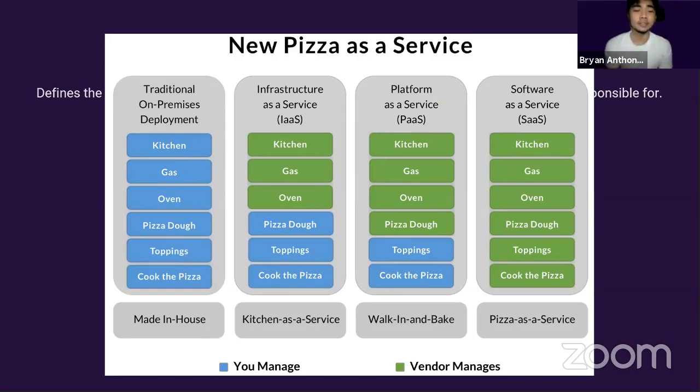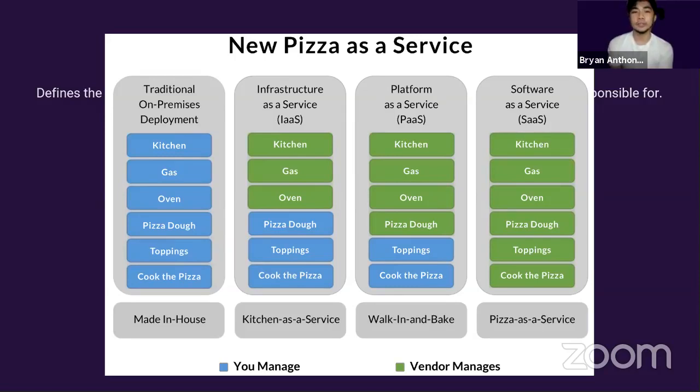Anyway, so that is the traditional, the on-premise one. Now, let's just say we go with software as a service. With software as a service, this is basically a pizza place. You're dining in a pizza place.